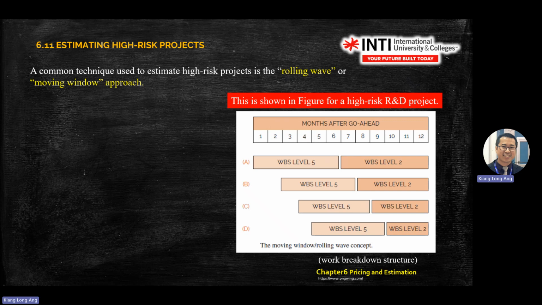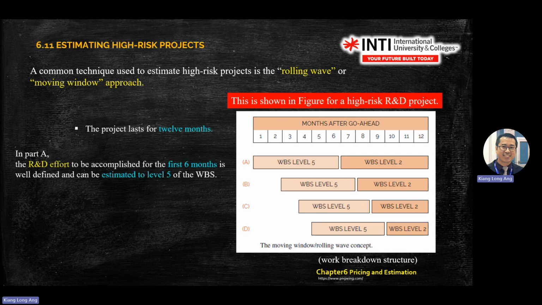Rolling wave, a strategy to estimate high risk projects. They use a rolling wave or moving window. So let's say this is an R&D project from January to December, and you have A, B, C, D. You have level 5, level 2 work, like this one, lasting 3 months.